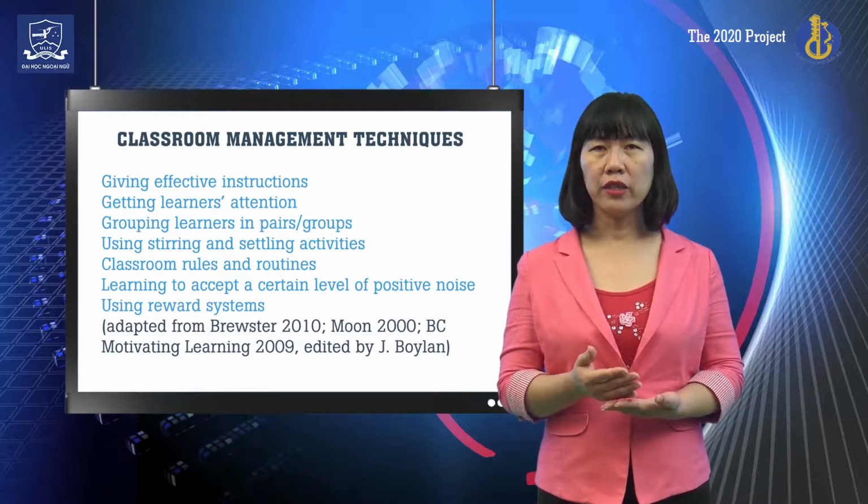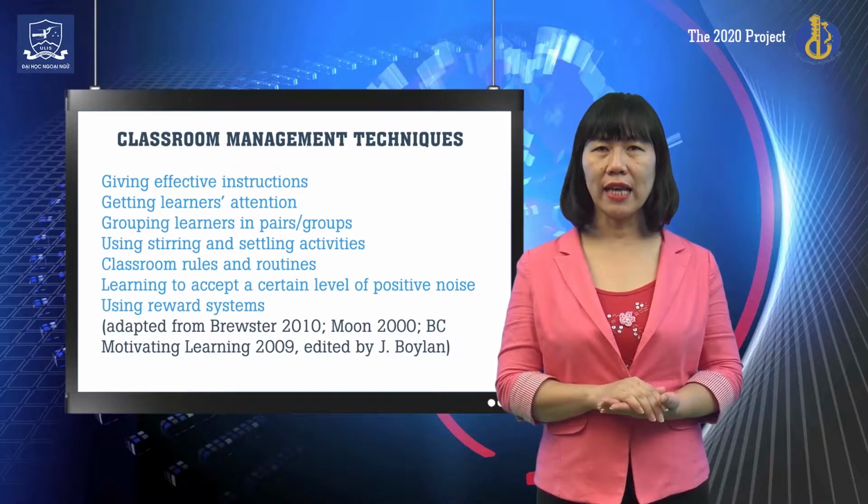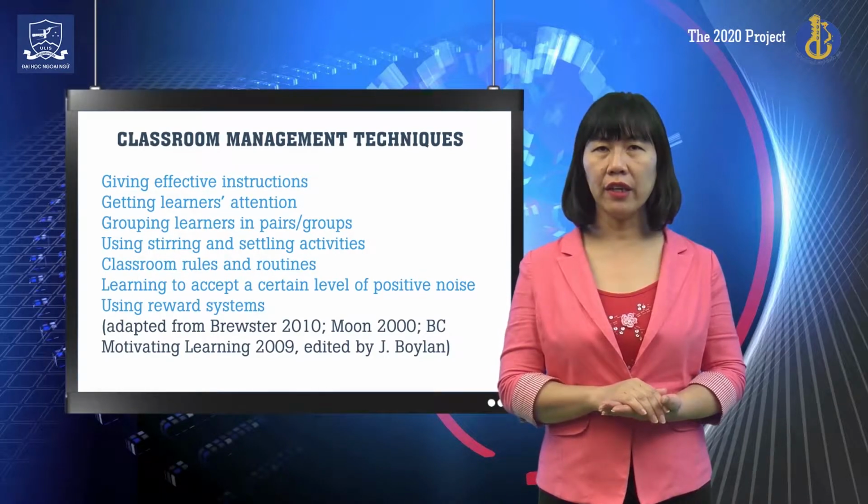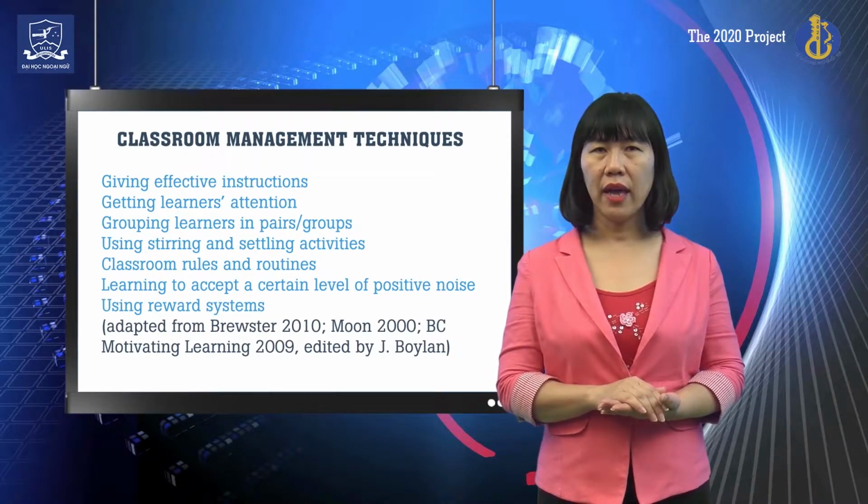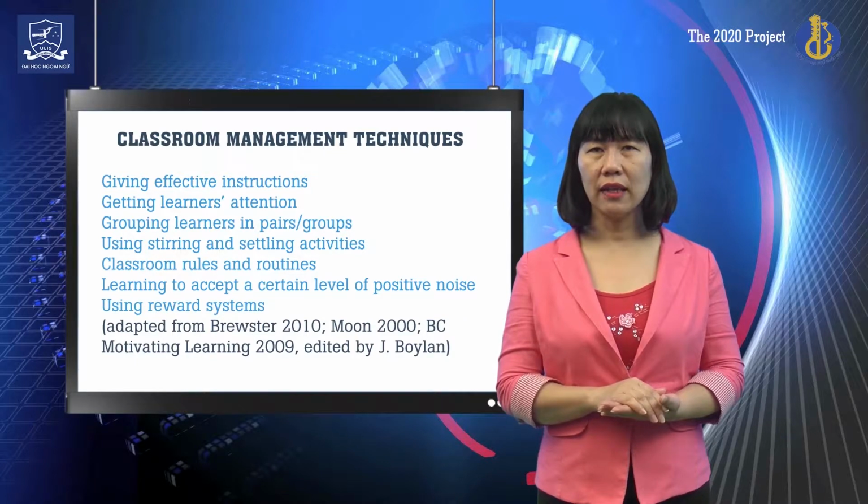However, due to the time limit, the 3 videos of this module discuss the following: giving effective instructions, getting learners' attention, and grouping learners in pairs or groups. The other management techniques are mentioned in the reading materials of the module.